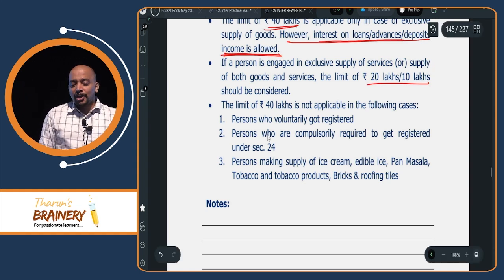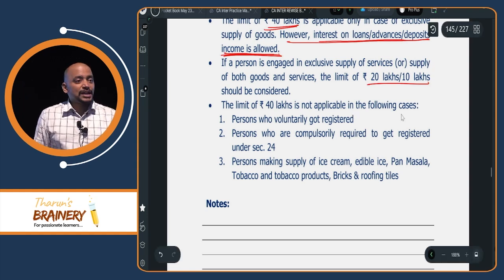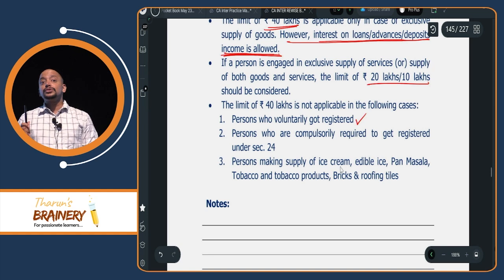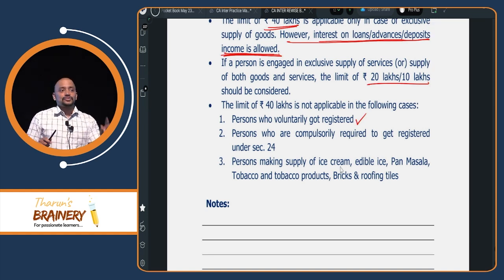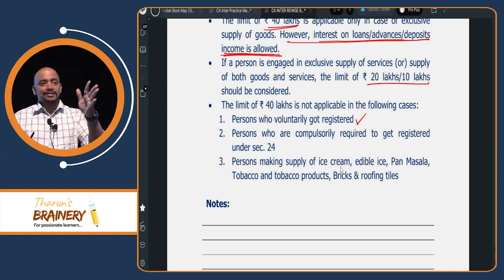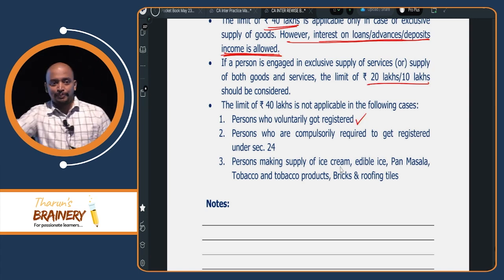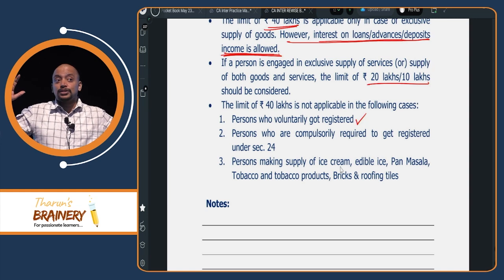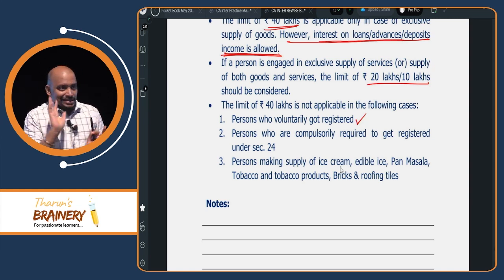Then, the limit of 40 lakhs is not applicable in the following cases. If a person is voluntarily registered, once you are registered, this 20 lakhs, 10 lakhs, 40 lakhs limit is not applicable. It means you have to pay GST. Sir, the applicable limit to me is 20 lakhs. Now, my turnover is only 5 lakhs, but I registered.